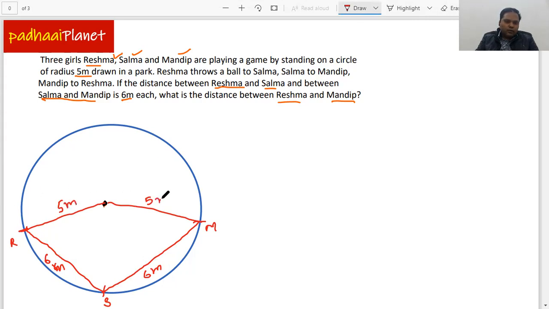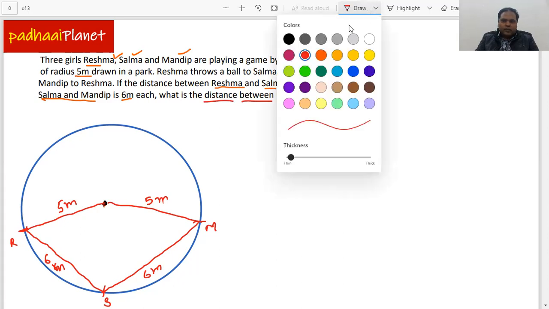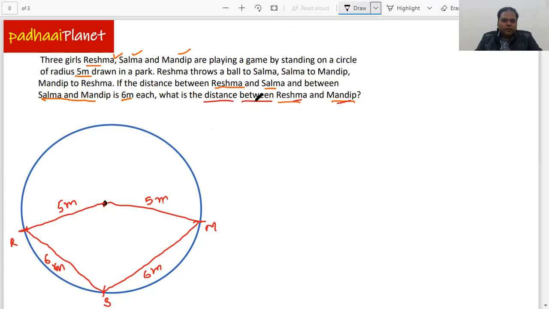All right. Now, what we need to find out is the distance between Reshma and Mandeep. So first, let's connect these two points. Reshma is sitting here, and from here we are talking about Mandeep. That's the distance between Reshma and Mandeep, the straight line. Let's connect it.